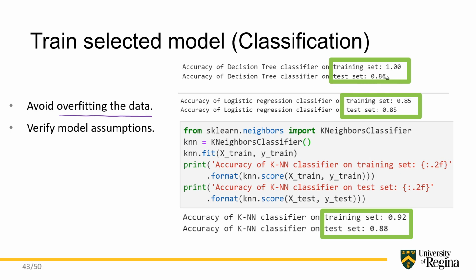You could see here that in logistic regression, because it just creates a linear model, the training and testing accuracy, both of them are the same. And we also use a k-nearest neighbors classifier, which I'll explain how it works.